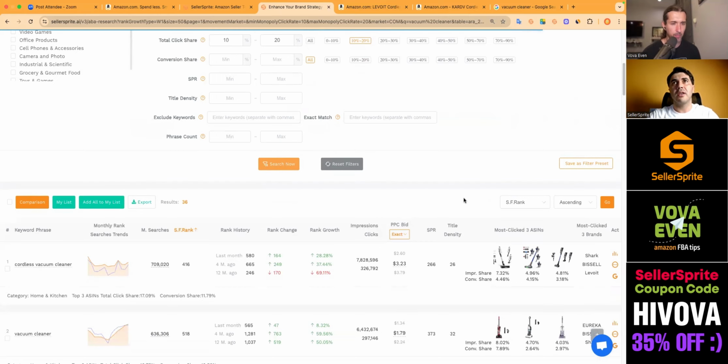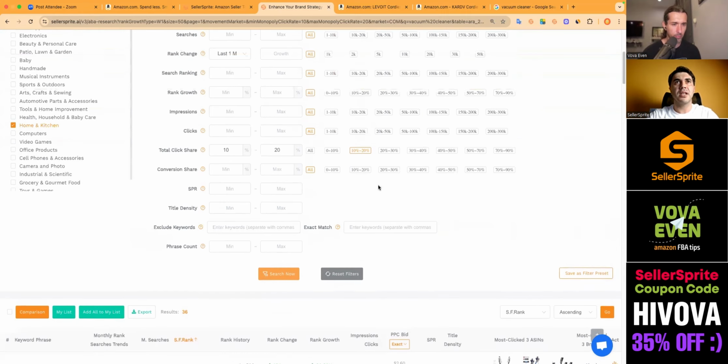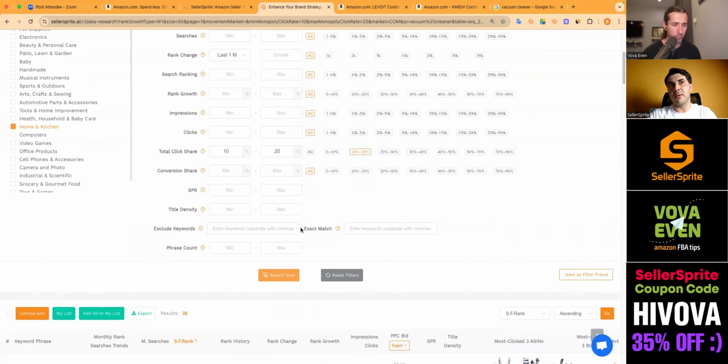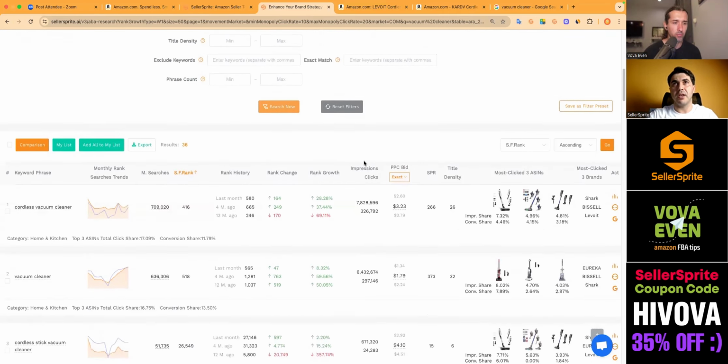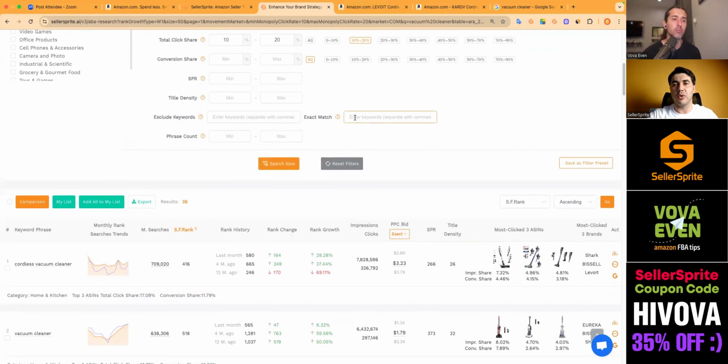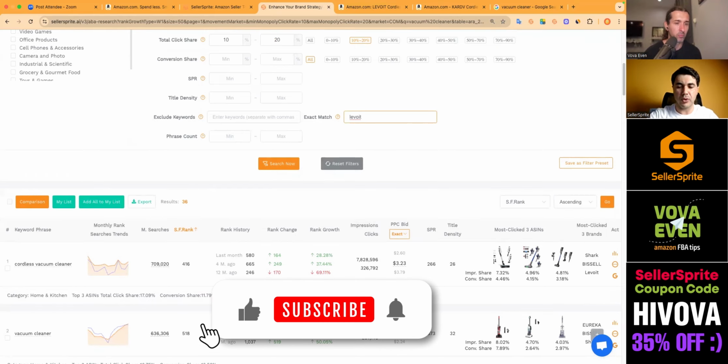For example, if you want to exclude any keyword, or if you want to include any keyword, you can put it here. Maybe any keyword you want to exclude, like the biggest brand, or you want to remove brands, you can put a comma, or you can just put a space.